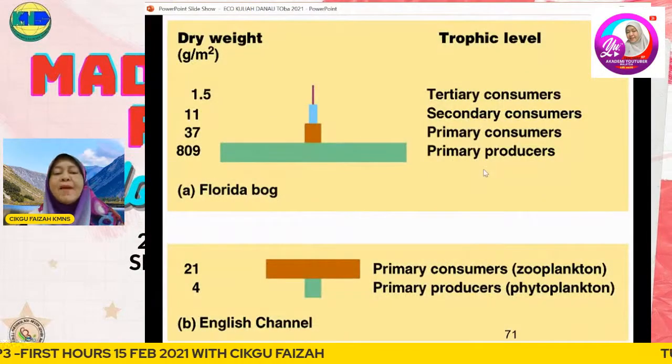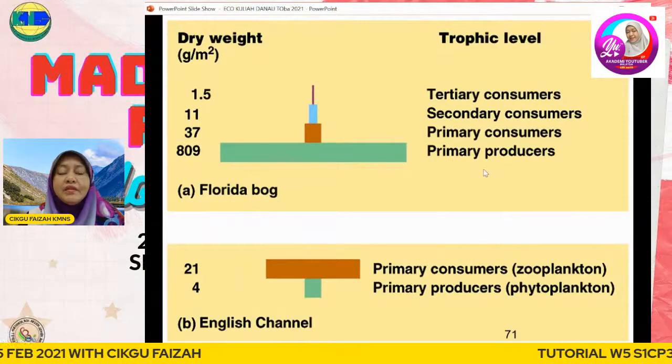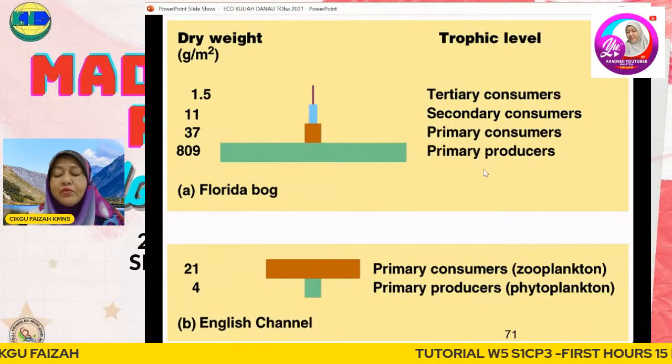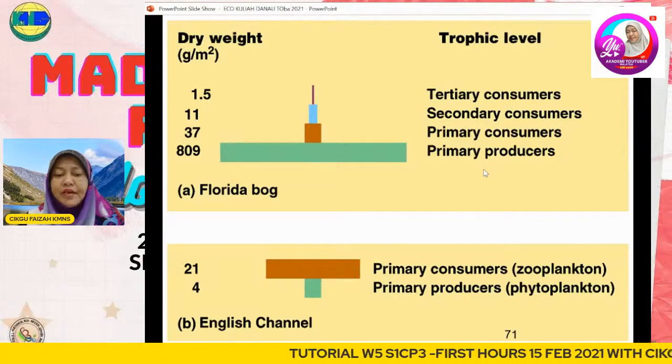Okay, so this is an example of dry weight or biomass, the ecological pyramid of biomass, class.